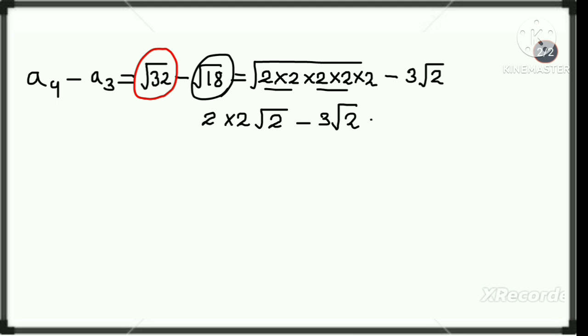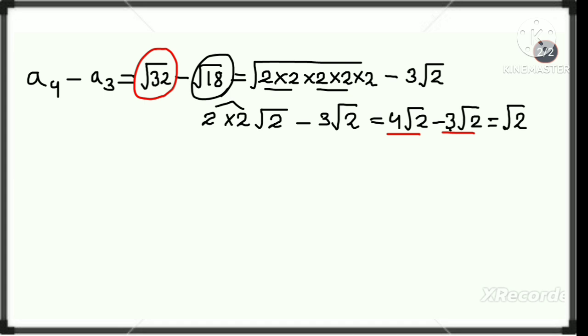Again 2 into 2, 4 root over 2 minus 3 root over 2. Now here is 4 root 2 and here is 3 root 2. After subtracting, we obtain difference between a4 and a3 is root over 2.